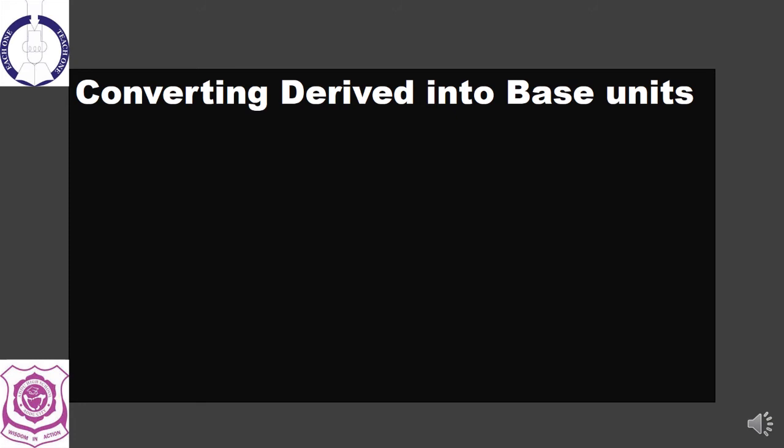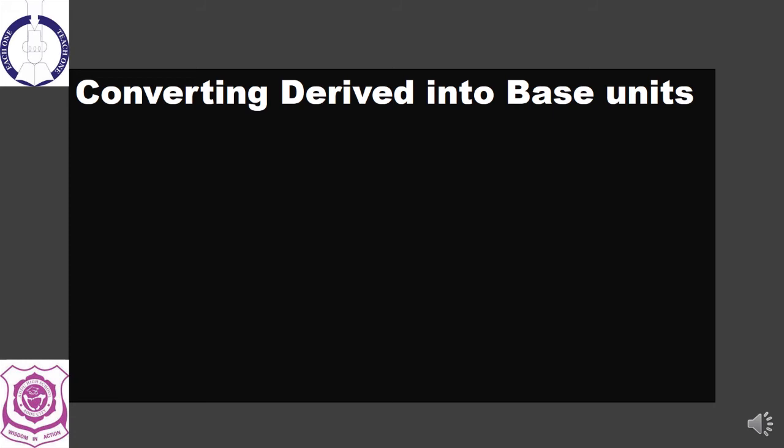For example, if you want to compare Newton and Pascal, you cannot compare them directly. So the best method is to convert those derived units into base units. When you break down Newton or Pascal into base units, if they are of the same nature, then the units are the same, which means the quantity is the same.